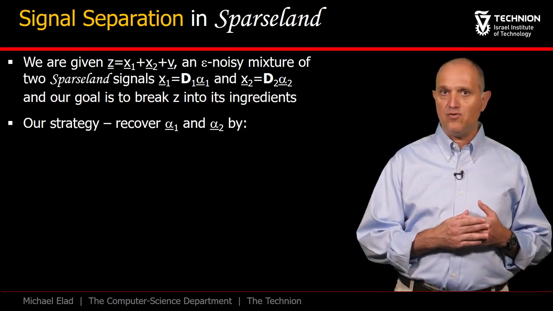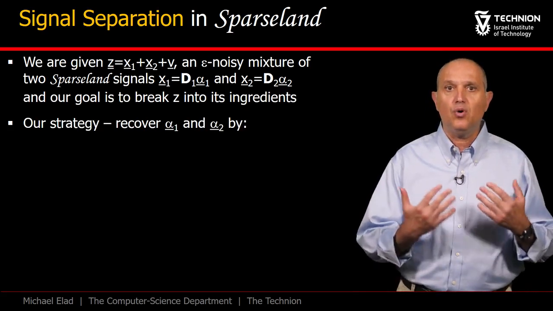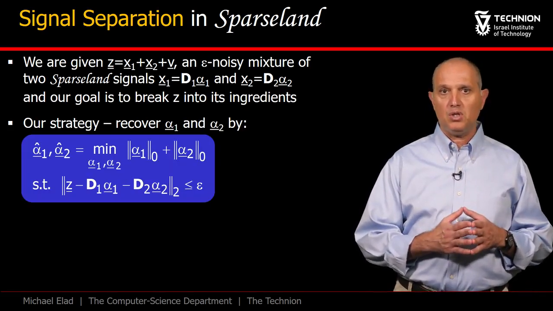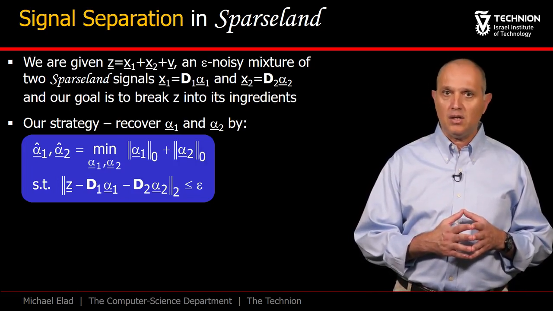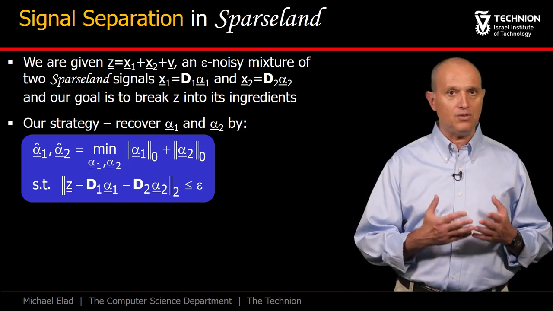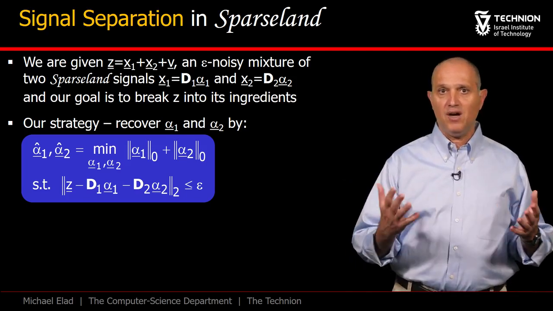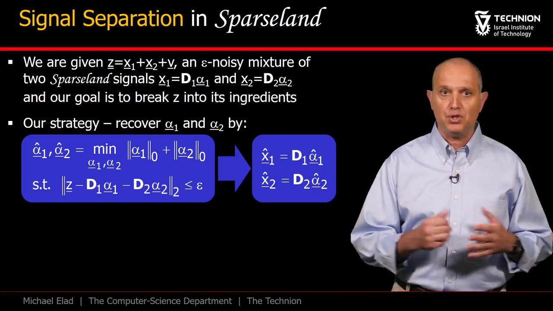Our strategy, as before, is to identify the representations that generated the two original signals. This is done by solving this problem. We search for the sparsest alpha 1 and alpha 2 such that D1 times alpha 1 plus D2 times alpha 2 is up to epsilon away from Z. Once these alphas are found, their multiplication by the corresponding dictionaries leads to the desired separation.